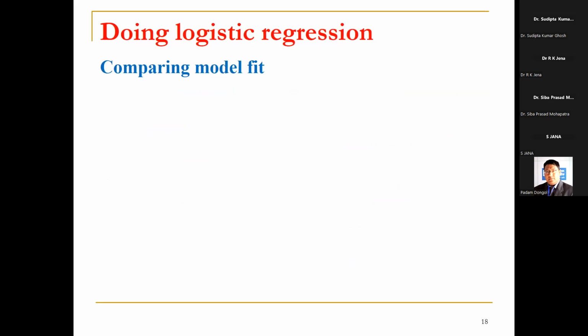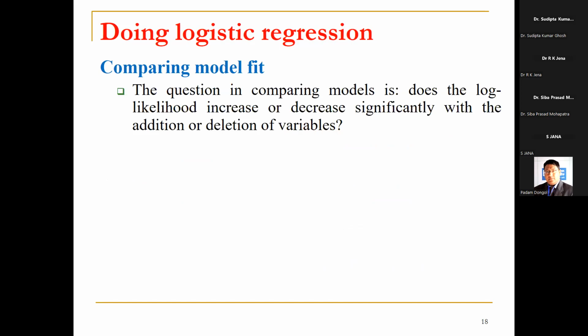Then after adding the independent variables to the list, let's see. The question in comparing models is: does the log likelihood increase or decrease significantly with the addition or deletion of a variable? If you remember linear regression, how do you measure the increase or decrease in the performance of the regression while adding or deleting a variable?